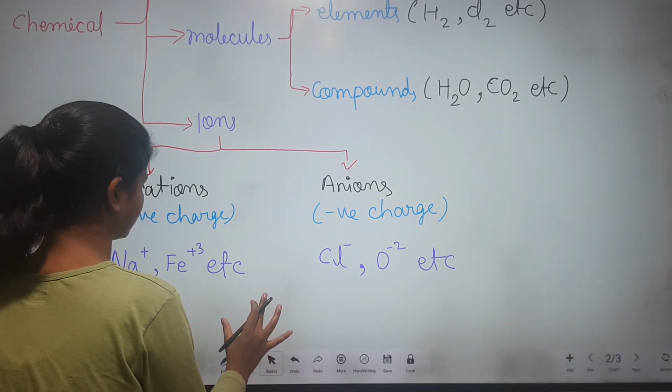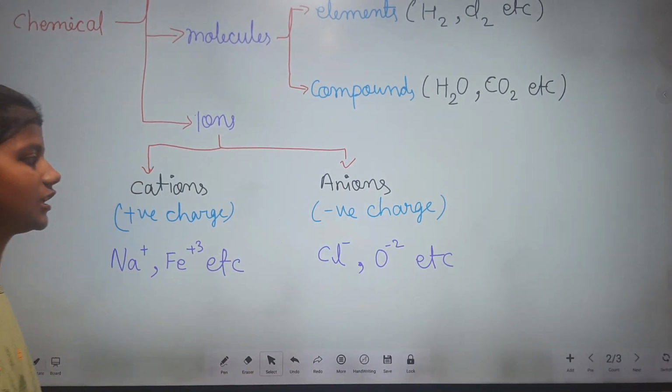So those ions which have a minus charge are known as anions, and positive charge ions are known as cations. Okay.